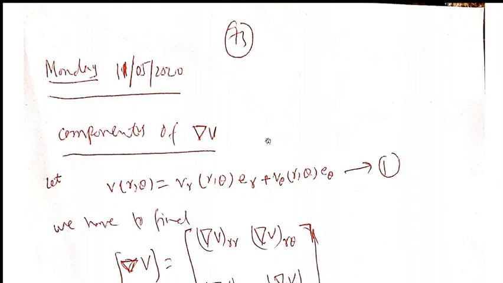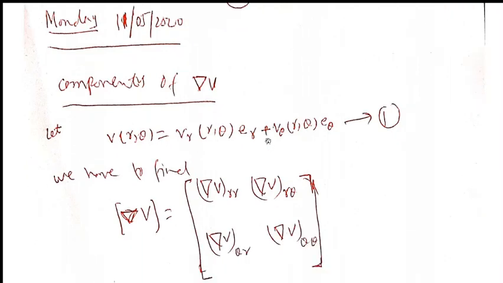In previous lecture we have started polar coordinates and we have discussed the gradient of any scalar function f in polar coordinates. Let us start components of gradient of vector v.